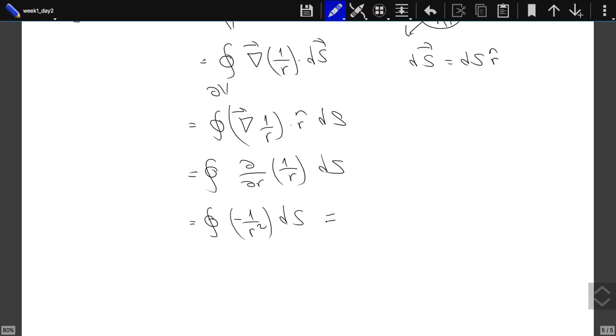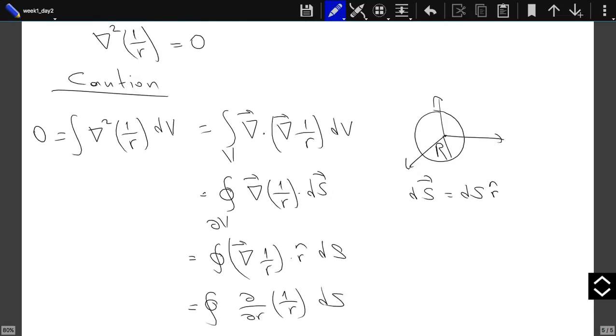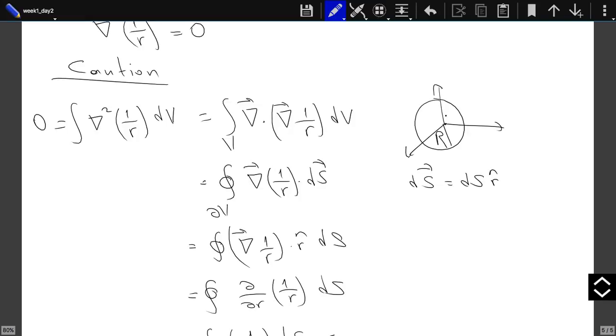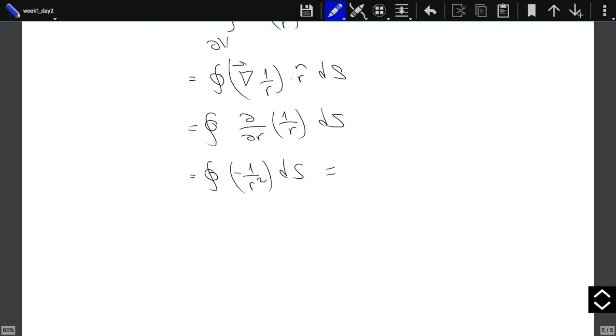But don't forget, we are considering a sphere now. Every point on the sphere has the same distance from the center. So small r is, for every point on this surface, equal to capital R. This is equal to minus 1 over R squared times the integral of ds.